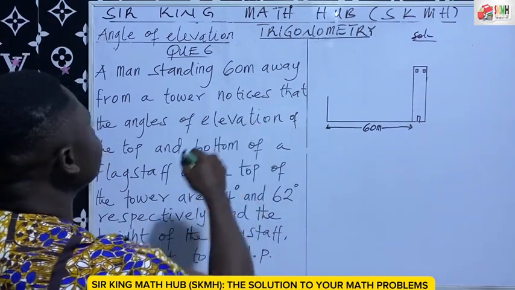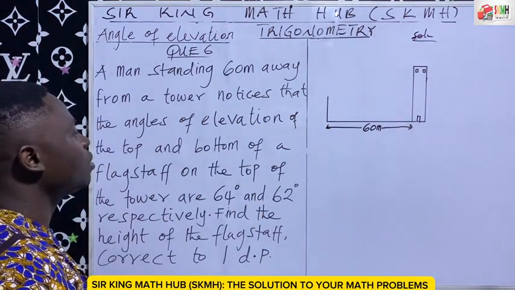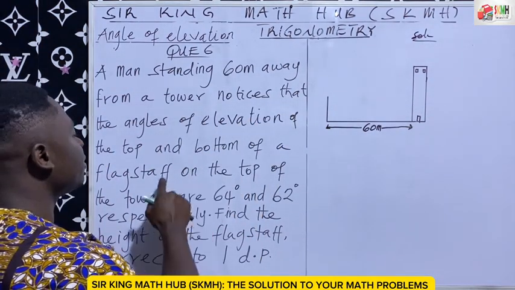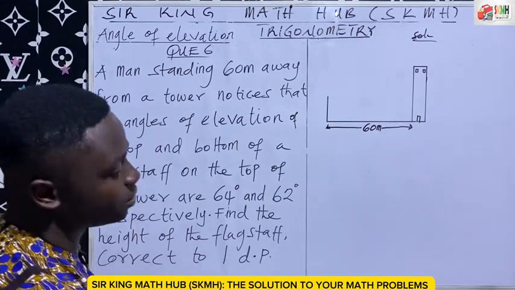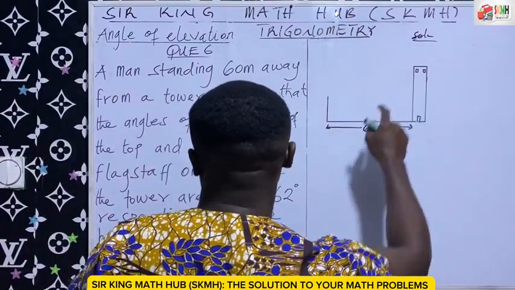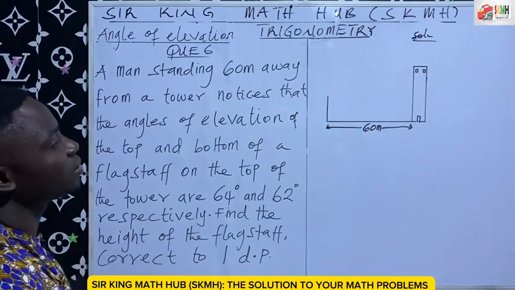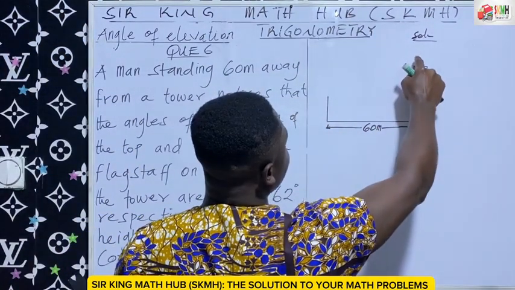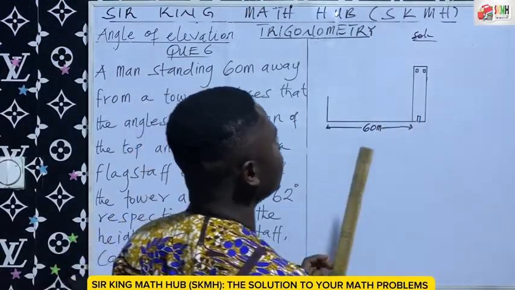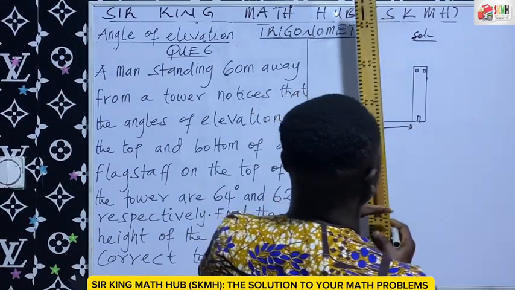Now this man notices that the angle of elevation of the top and bottom of a flagstaff. So it means that there is a flagstaff on top of the tower. So let's represent the flagstaff.